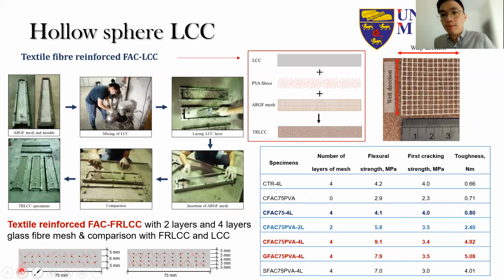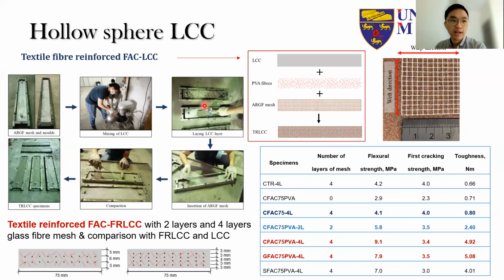So then we move on to trying to further reinforce this fly ash cenosphere LCC, not only with PVA fibers. We also want to see the effects when we use textile fiber mesh. In particular, we are using this glass fiber textile mesh.